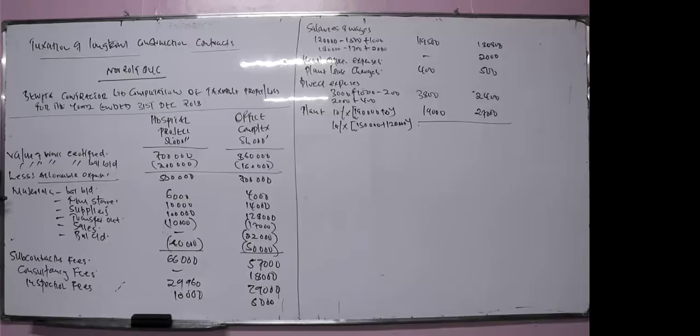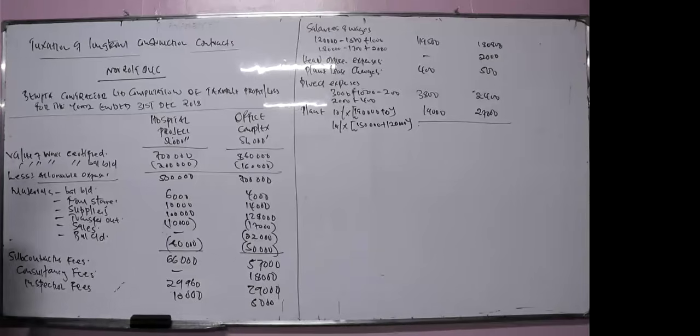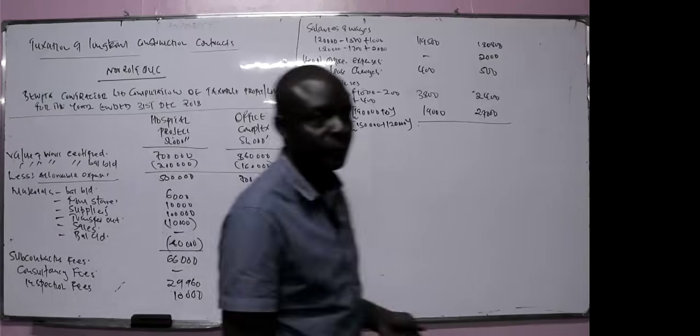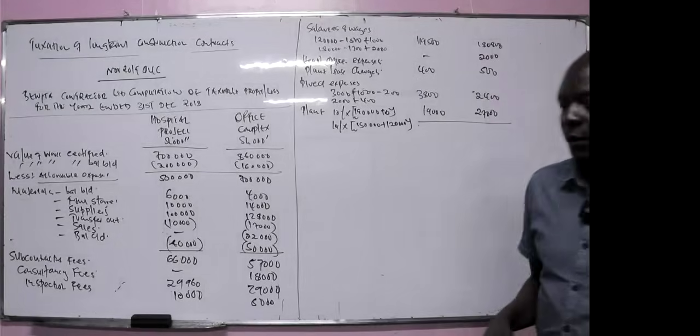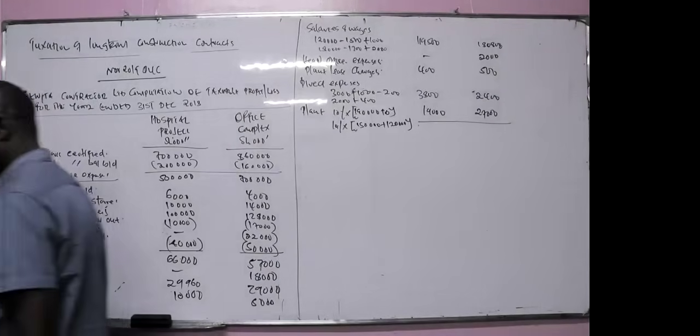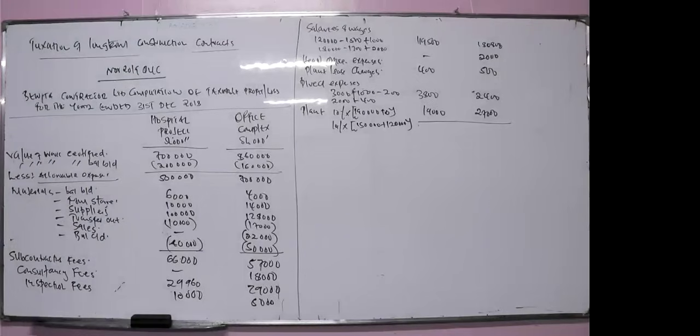So long as you have written it, it means these are also deductible items. So they don't take a lot of time, isn't it? I believe you can take 10 minutes to do one, then we move on.